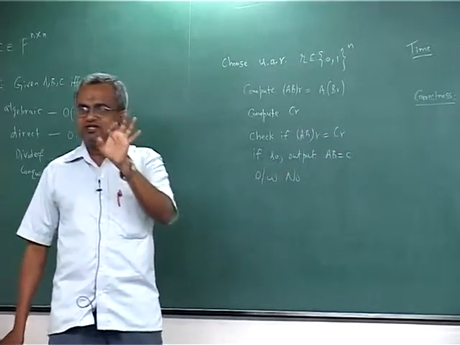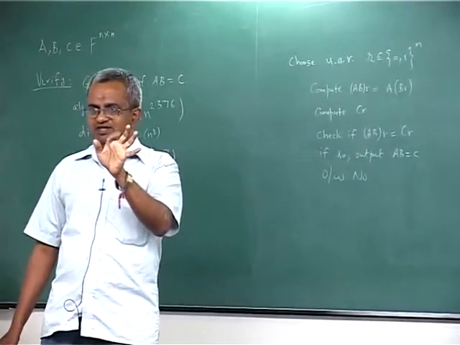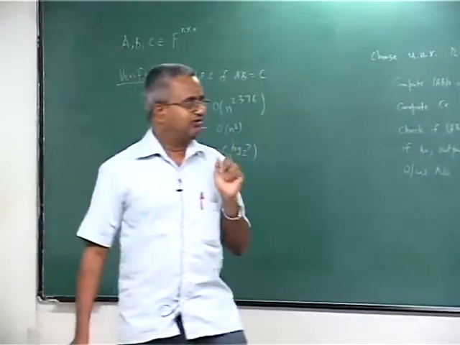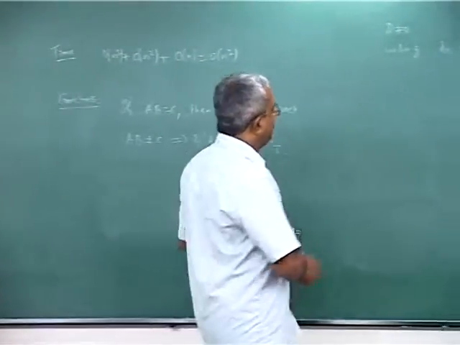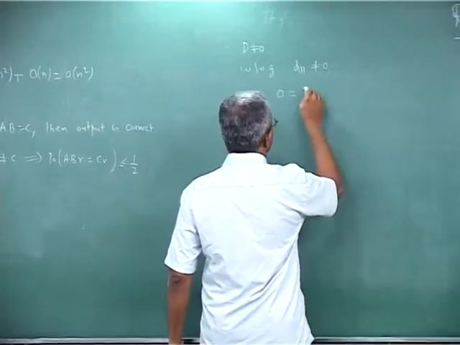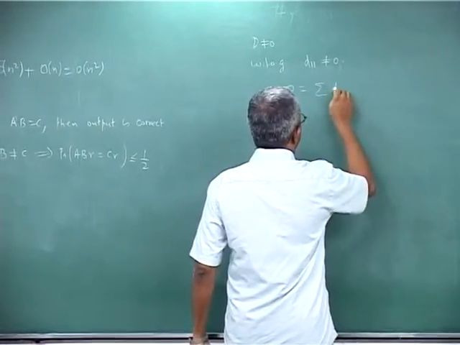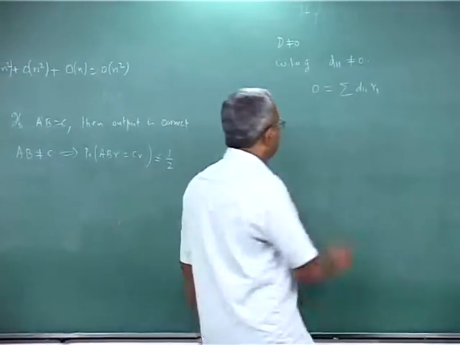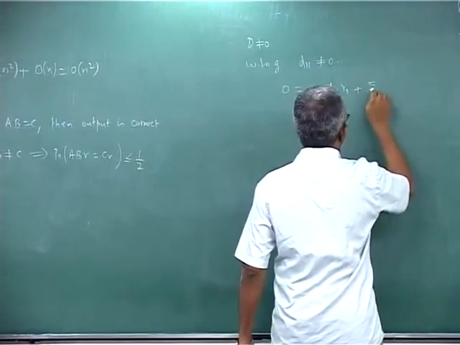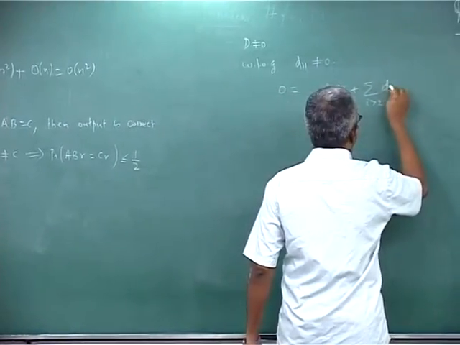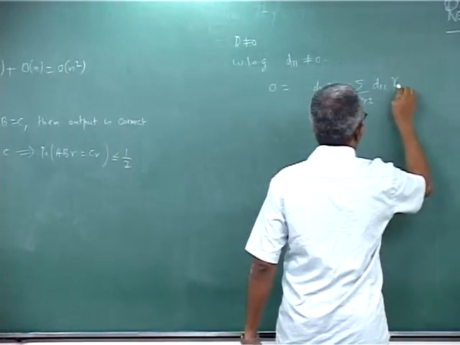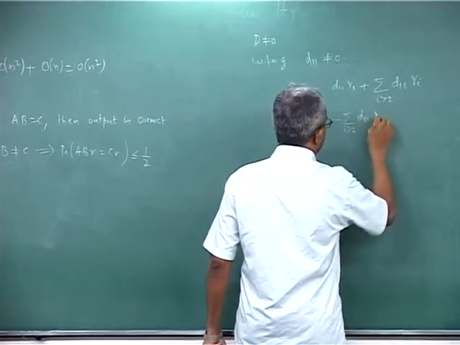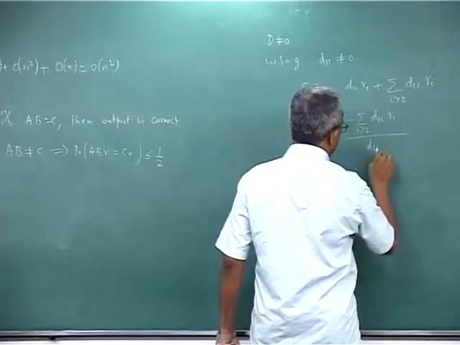If DR is 0, then the first entry of the product DR would be the inner product of the first row and the random vector R. So, what do you get out of this? 0 is D11 times R1 plus the sum over i greater than or equal to 2 of D1i Ri, and so R1 is minus the sum over i greater than or equal to 2 of D1i Ri divided by D11.